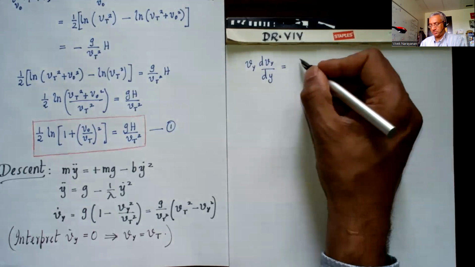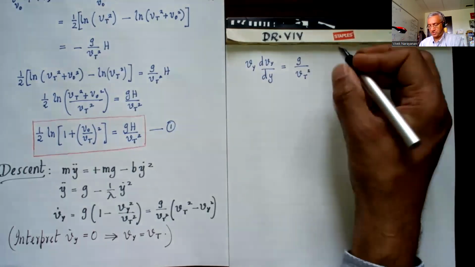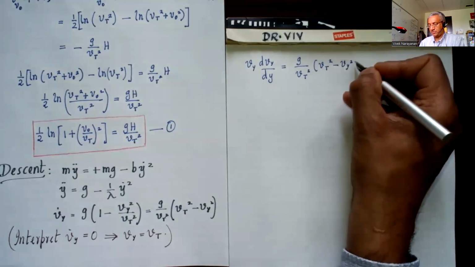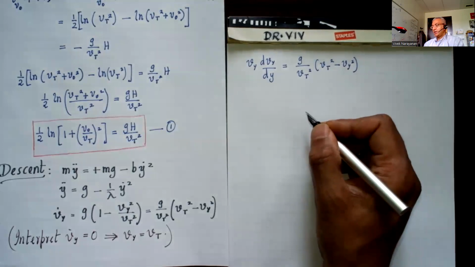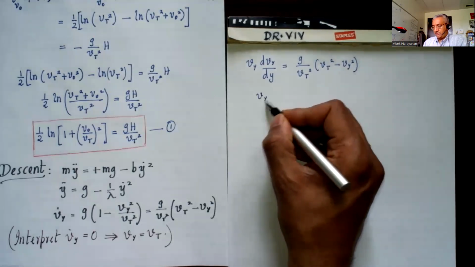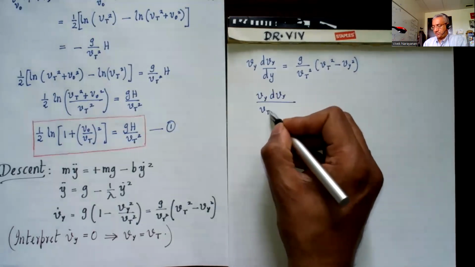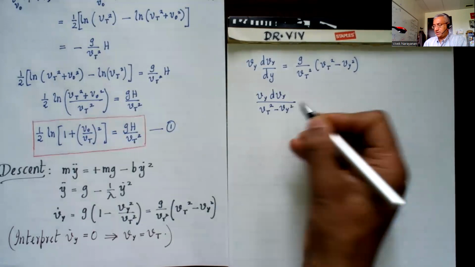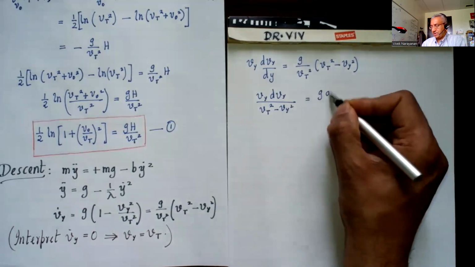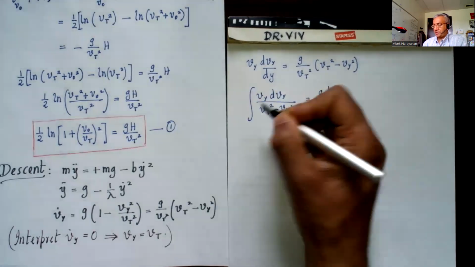Well, all that is equal to g over vt squared times vt squared minus vy squared. Separate the variables, so I get vy dvy divided by vt squared minus vy squared is equal to g dy over vt squared, and now integrate.